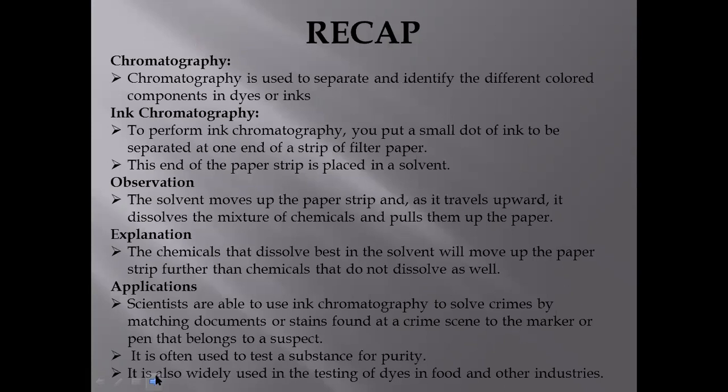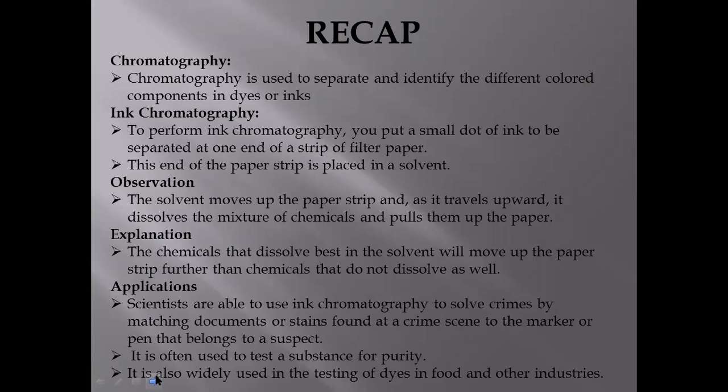In the last, we're going to do the recap of chromatography. Chromatography is used to separate and identify different color components in dyes or ink. How to perform ink chromatography? You put a small dot of ink near the edge of the filter paper, and then that filter paper is placed in water.